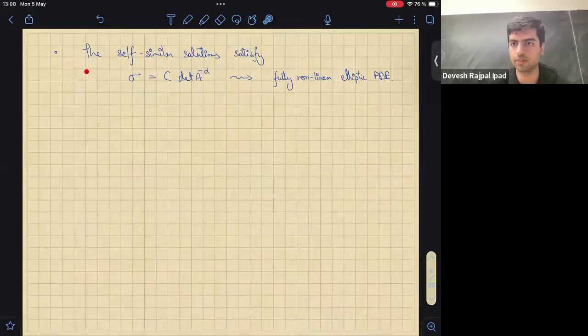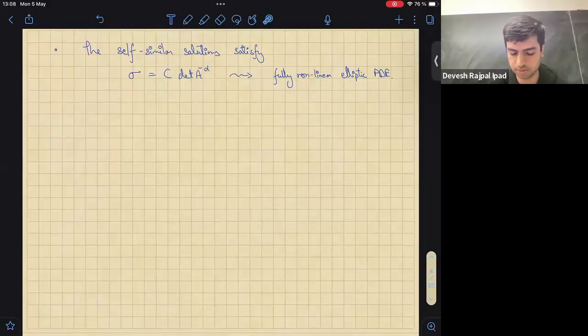We can also study shrinking solutions. Since I'm concerned with compact hypersurfaces, our self-similar solutions will be the shrinking ones. And for those solutions, the self-similar solutions will satisfy this identity.